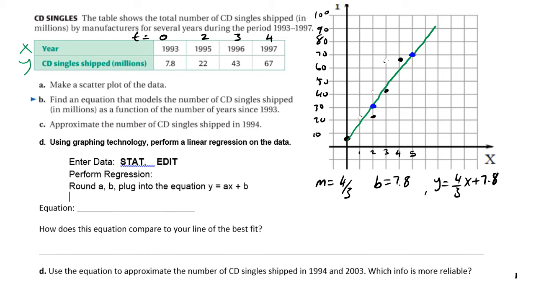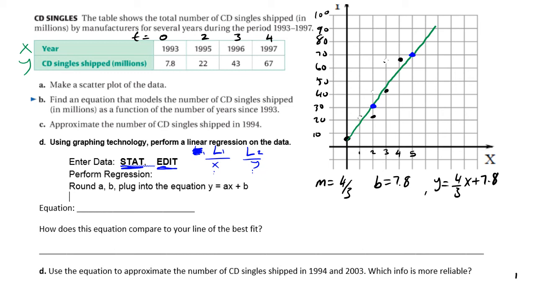On the calculator we have certain steps. We will go over these steps in the class for those of you who don't have calculator access at home. First you will enter stat, and then we will hit the edit button. That's the first choice. And on the edit we are going to put L1 as the x values, L2 as the y values. We're going to enter all the values.